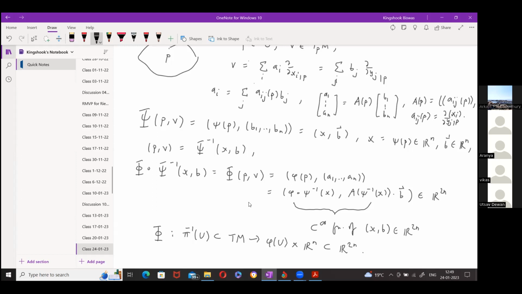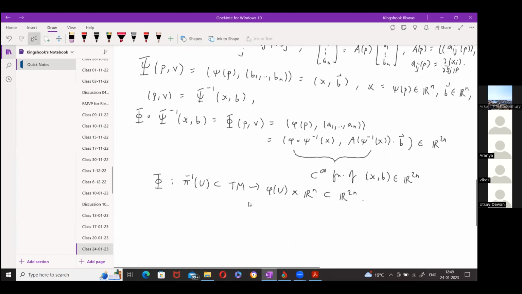Now we have to be a bit careful. On TM, I did not define a topology yet.